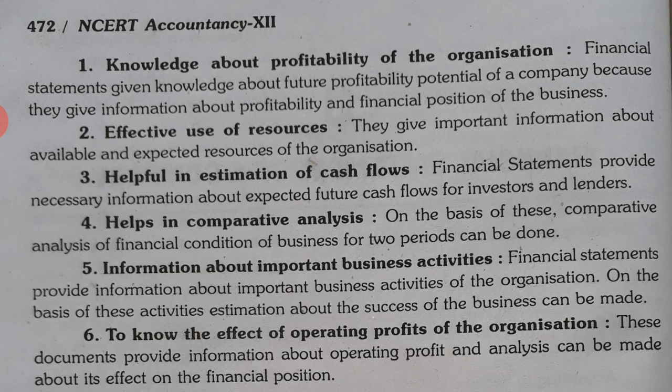For this, the company issues different types of shares that you already studied in previous chapters, as well as debentures of different types. So in what way the cash inflow and cash outflow of the company happen, this can be known through these two financial statements, statement of profit and loss and statement of financial position, that is balance sheet.